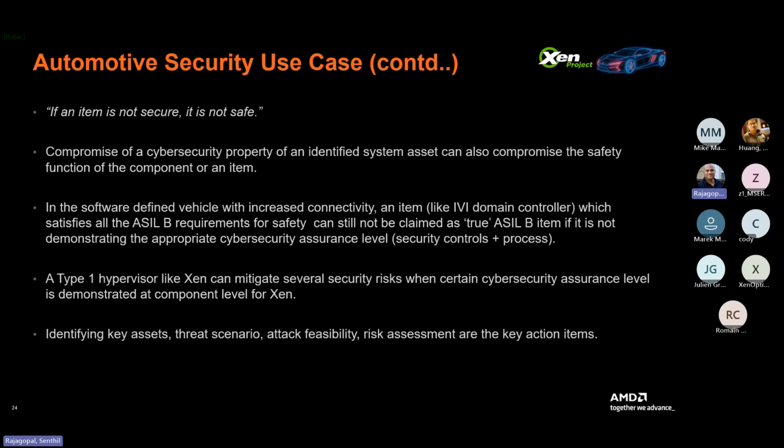You claim all safety certifications, but if there is a security breach, a denial of service, that takes control of a safety critical application and makes that safety critical function unavailable, then all your safety claims become null. So if it's not secure, then you cannot claim a system as safe.